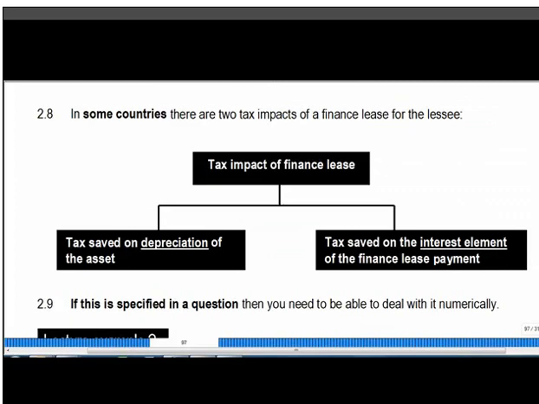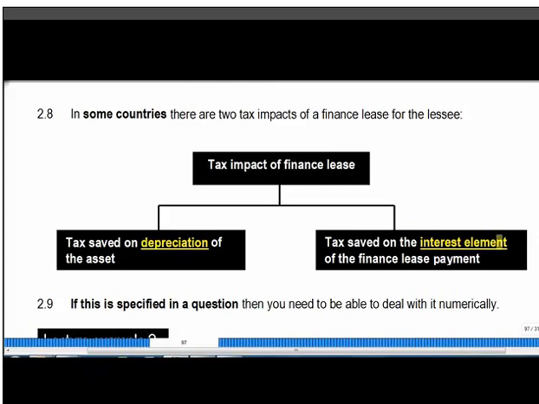There's one extra issue that we need to deal with, and this is that in some countries you can't get full tax relief on the full amount paid on a finance lease. Instead, the tax treatment is slightly different. The tax treatment of a finance lease is that you have to identify the depreciation element of the lease payment and the interest element of the lease payment.